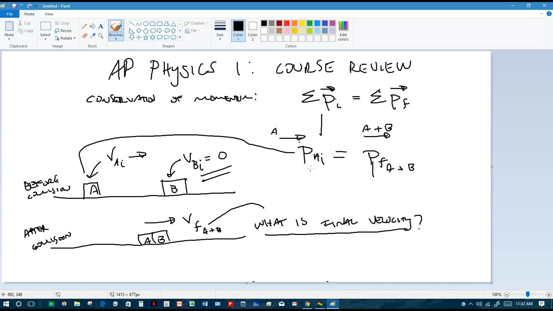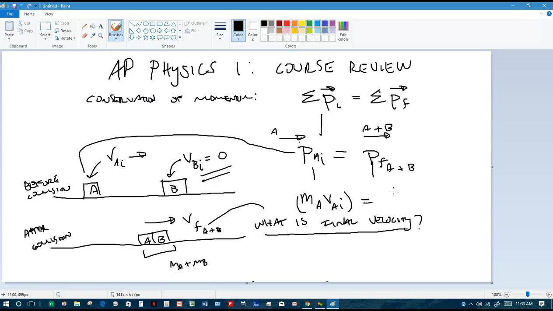And so all you really have to do is sub in the mass of block A times the initial velocity of block A, and that is equal to, now since they're stuck together, both of their masses are combined, and they're acting now as one unit with a total mass of MA plus MB.